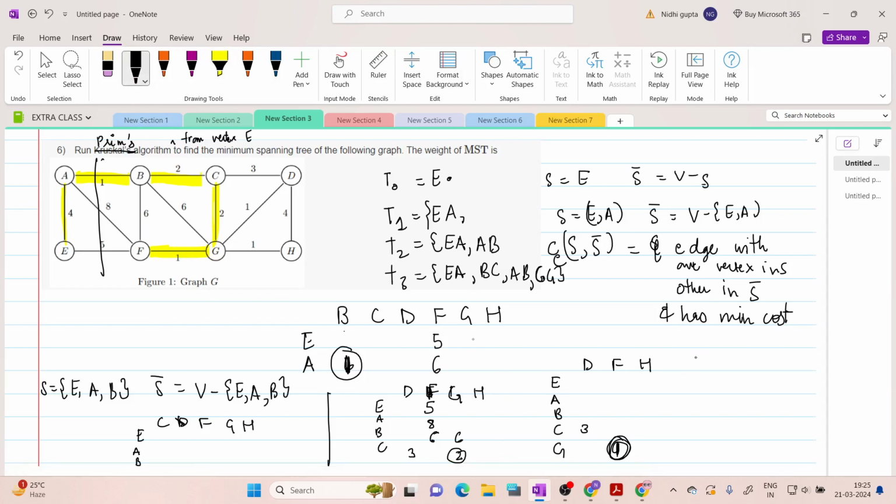So the new cut is A, E, B, C, F, G, and D, H. Now what is the minimum cost edge in this cut?